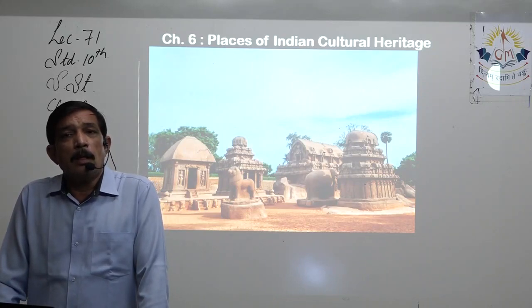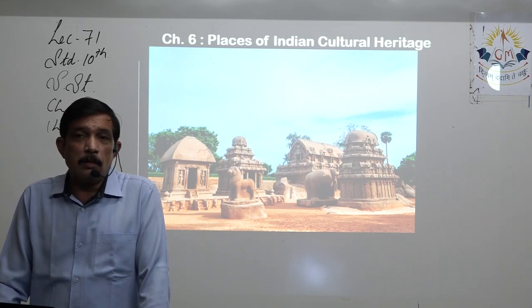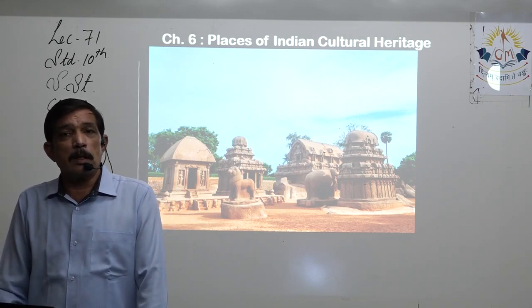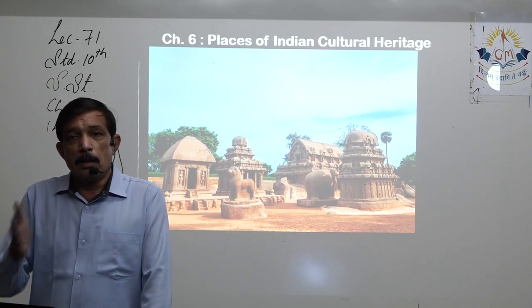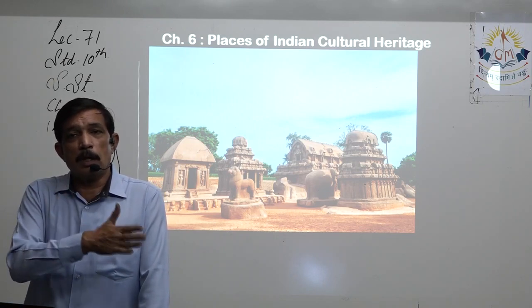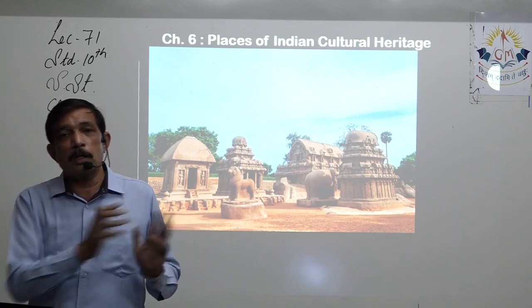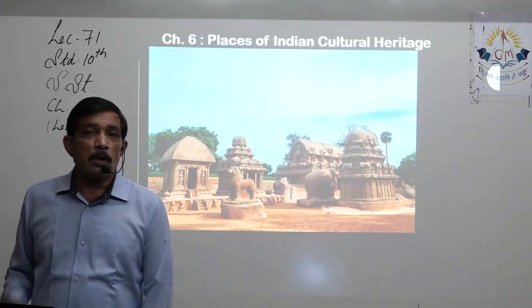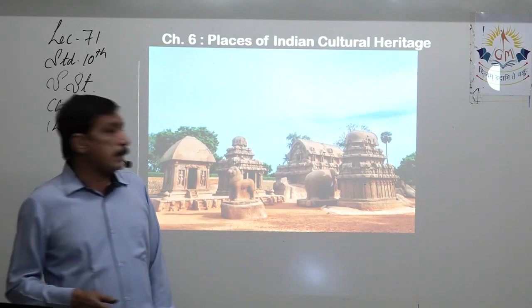Then the Bhima temple is a little bit smaller than the Dharmaraja chariot temple. Then Arjun and Nakul Sahdev share one single temple, and the last, smallest one is the Draupadi chariot temple, right?